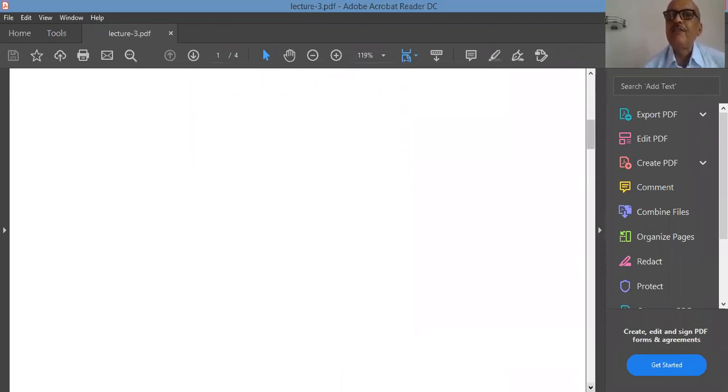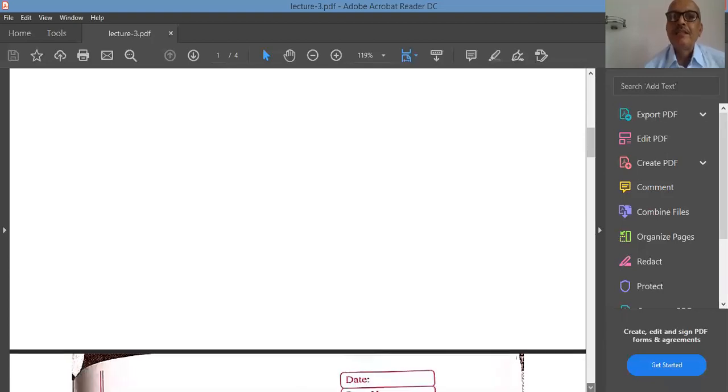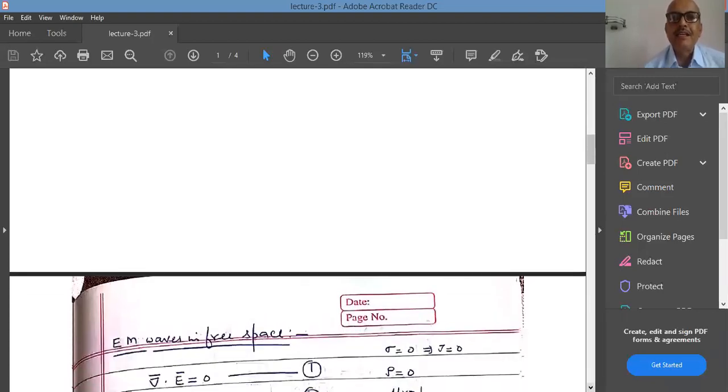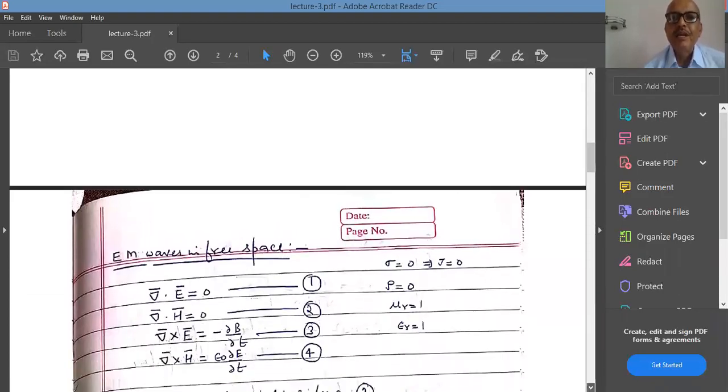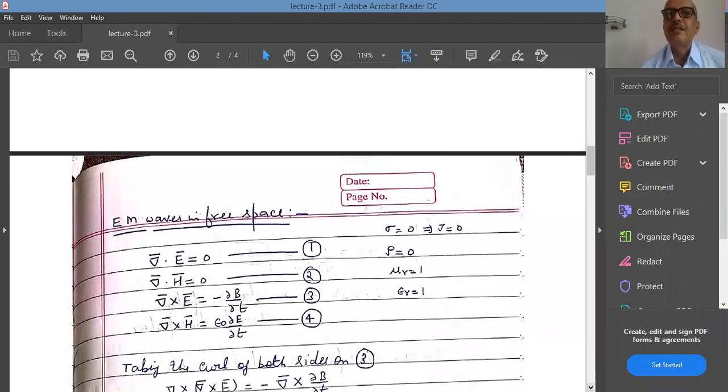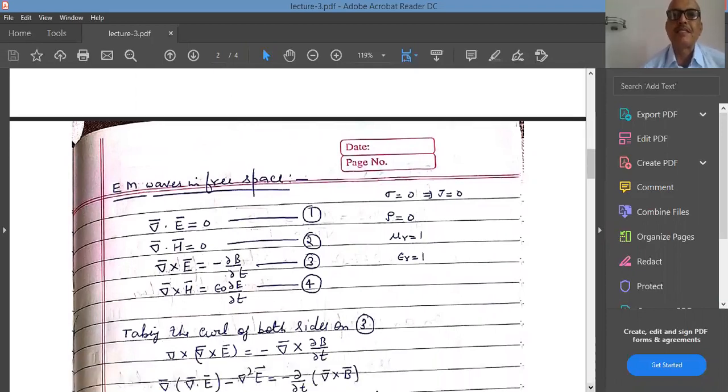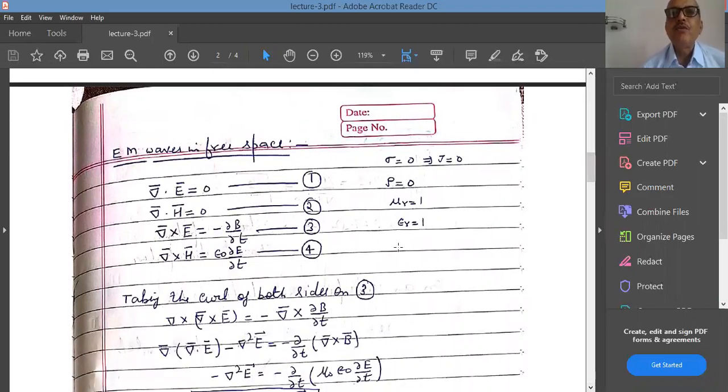And I told you that in free space, the volume charge density is equal to 0, and also the conductivity is also equal to 0 because physical absence of gas is free space. The relative permeability as well as the relative permittivity or dielectric constant is also equal to 1.